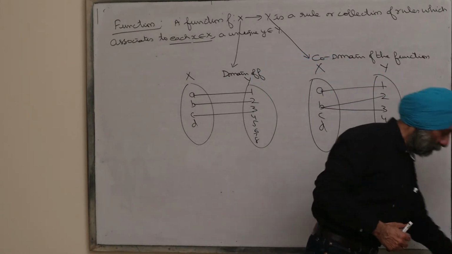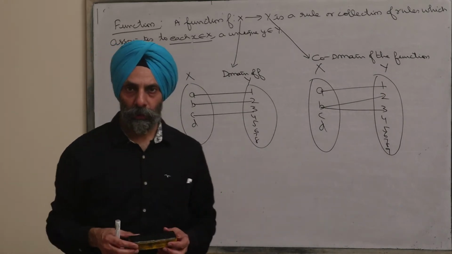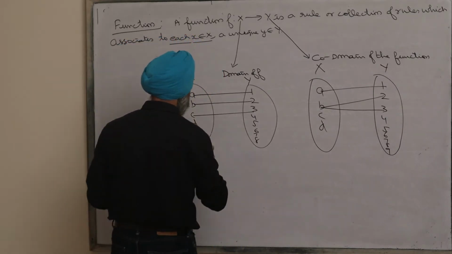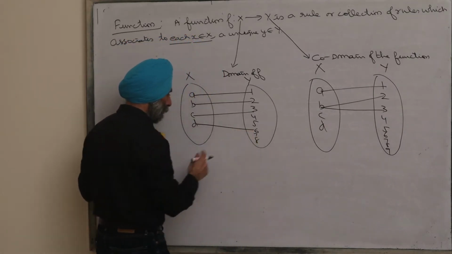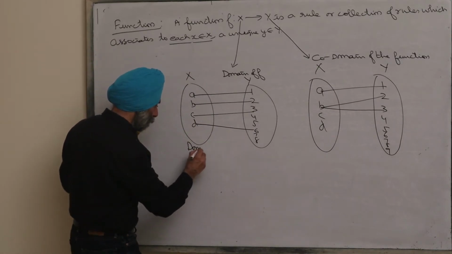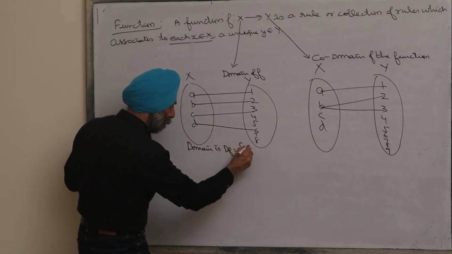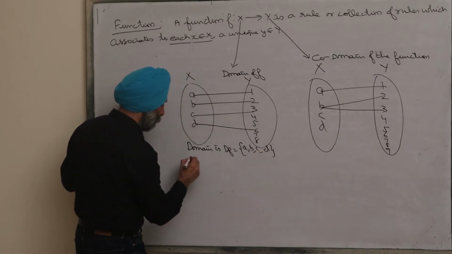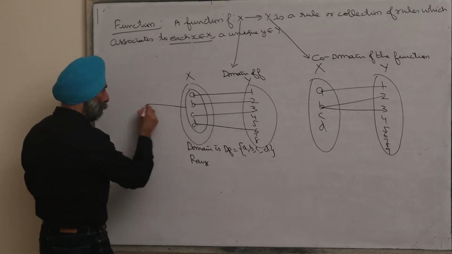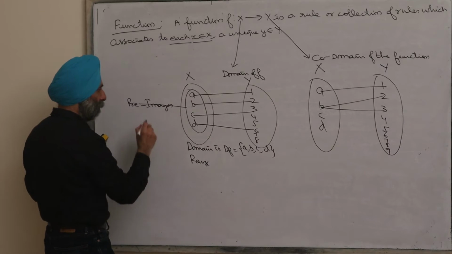Now next, what do you mean by domain, what do you mean by range, and what do you mean by codomain of the function here? Now corresponding to say D, the image is 6. So the domain of the function is A, B, C, D. They are also called the pre-images.